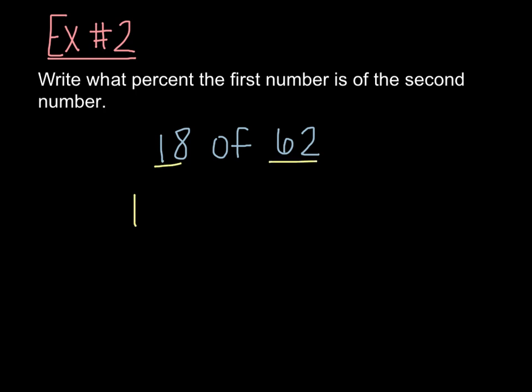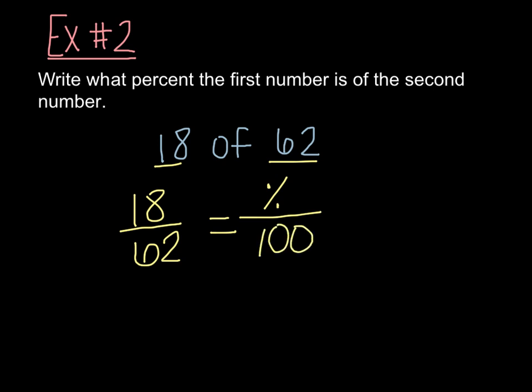So 18 is the part and 62 is the whole. Equals the percent, we don't know the percent, they didn't tell us in this problem, over 100. It always goes over 100. So I just took the numbers I had and made it into my proportion.